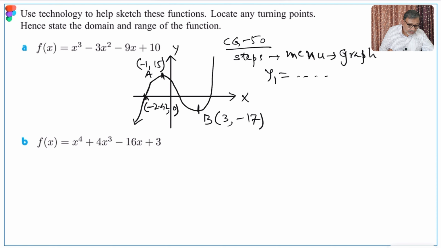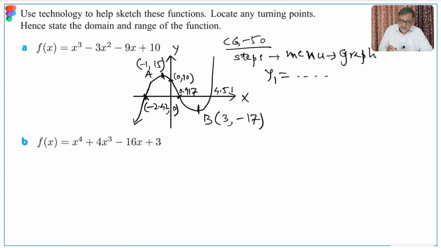Then the next one is 0.917. The next one is 4.51. Then the y-intercept, let me check, G-Solve, y-intercept is at 10, 0 comma 10. Okay, that's it. I think this is sufficient.